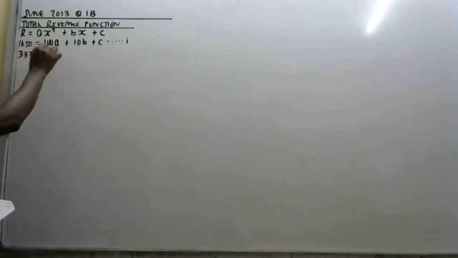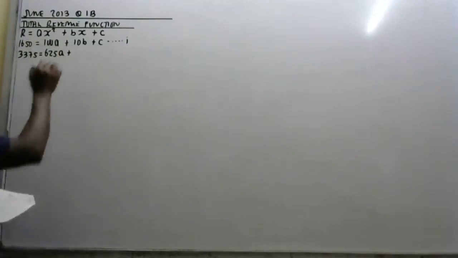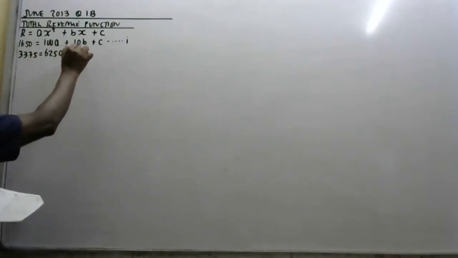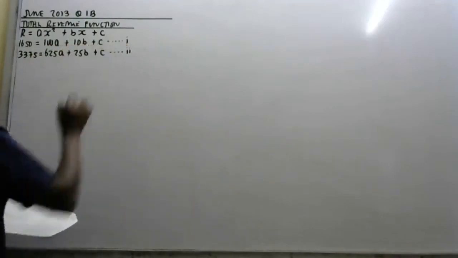Take the next one, 375 being equal to 25 squared is what? 625A plus 25B plus C. That is equation number 2.